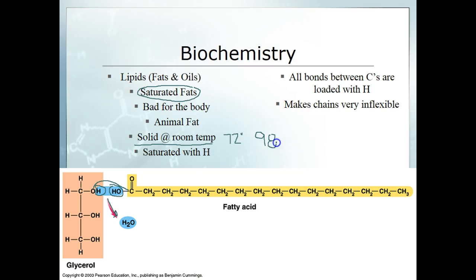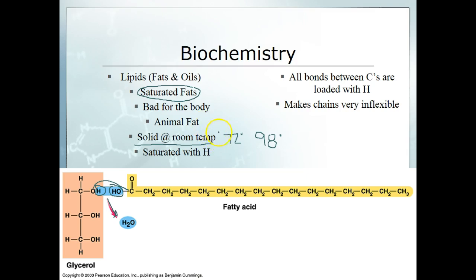Has everybody cooked hamburger or bacon, where the solid fat on the meat at refrigerated temperatures all of a sudden becomes liquid when you raise the temperature closer to 150 to 200 degrees? Well, if you let that grease sit around for a while, what happens to it? It solidifies.